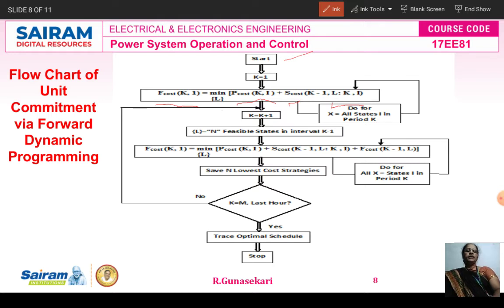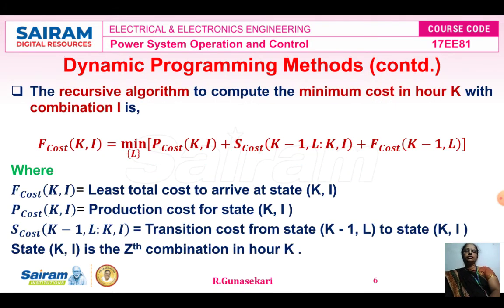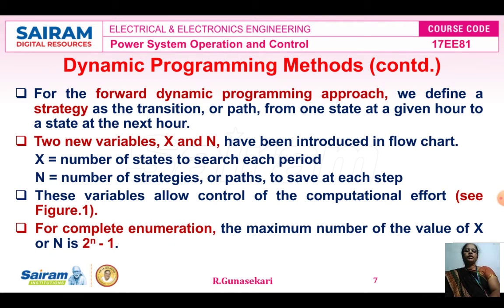Then we go to k equal to k plus 1, the hour k is incremented. If incremented, L equals capital N. N is what we studied previously, the number of strategies or paths to save at each step.